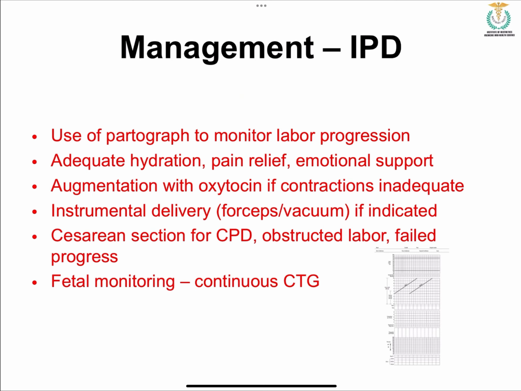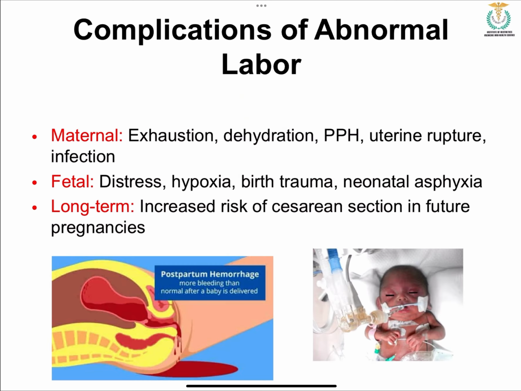So next, moving on to the complications of abnormal labor. There are three types: maternal, fetal and long term. Maternal: you can see exhaustion, infection, uterine rupture, PPH, higher cesarean rate and surgical morbidity.